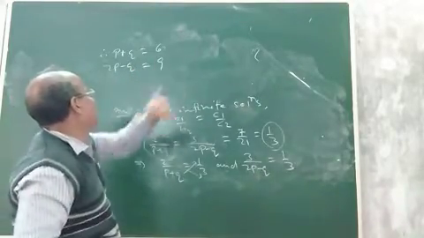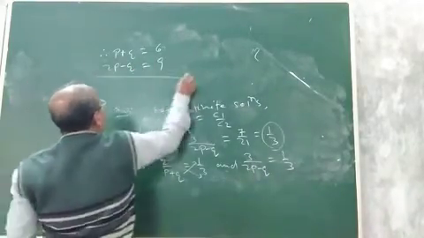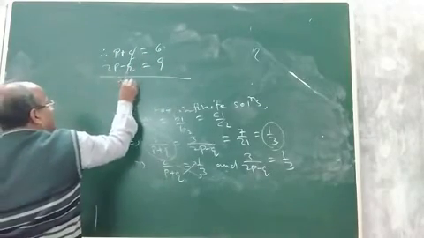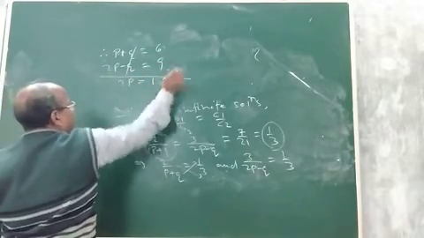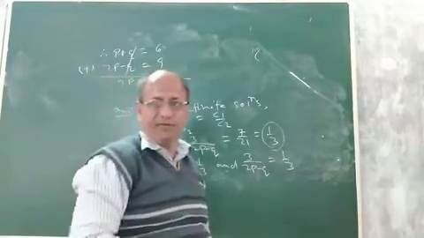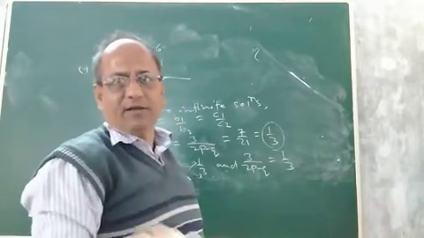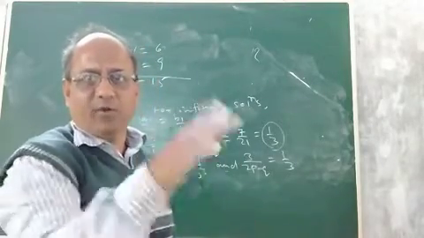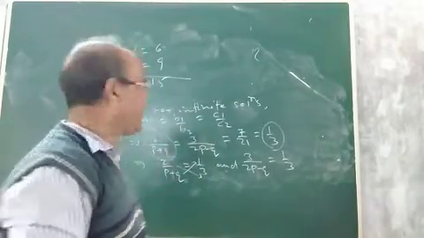Now you can easily solve this. Add these two, q minus q cancel, 2p plus p is 3p equal to 15. You know the elimination method, equating coefficients and following the addition and subtraction method.